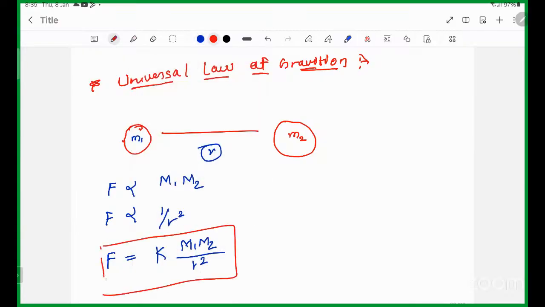This is the force which we find between two bodies, and here we usually denote the constant with G. It is the gravitational constant, G.